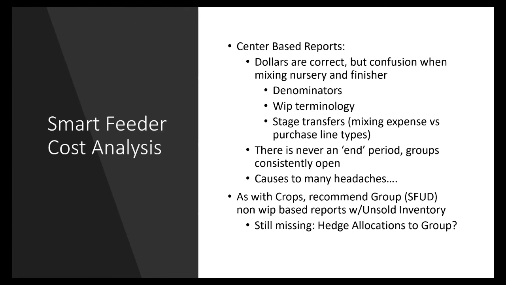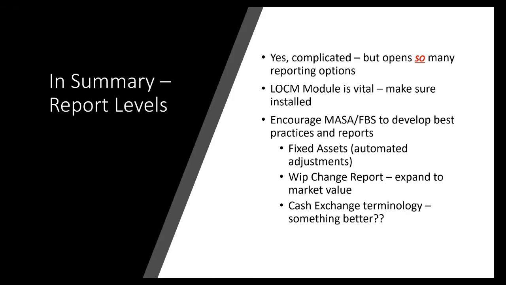I struggle with the traditional cost analysis at the center level. So on the hog production side, I generally go right back to the smart feeder user-defined reports, which is equivalent to the project report at the crop level, a non-WIP report. Closed, yep, definitely closed.